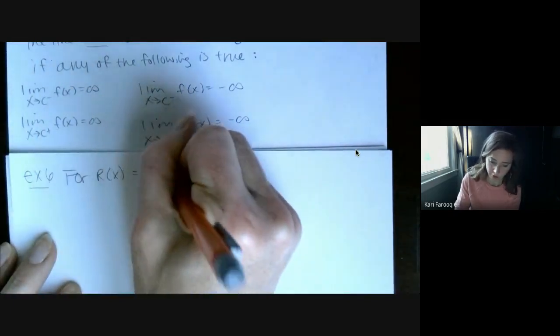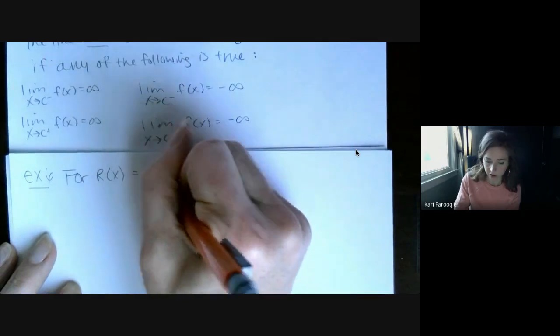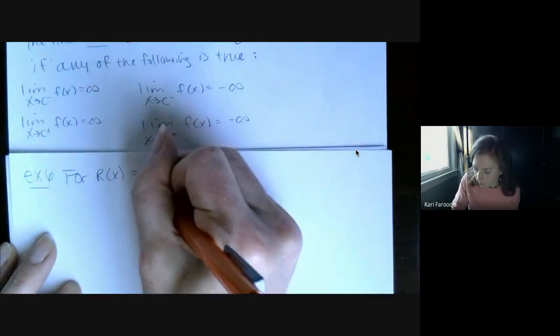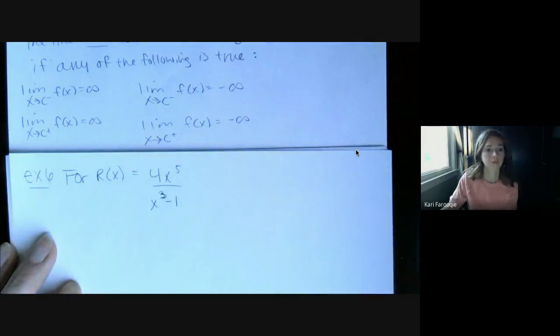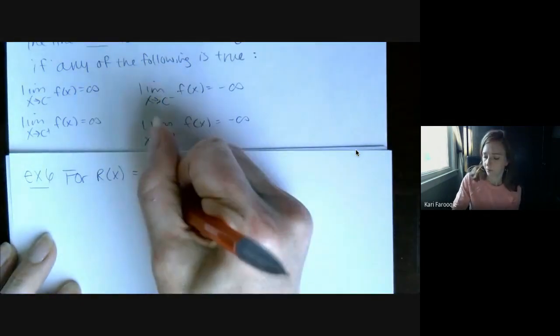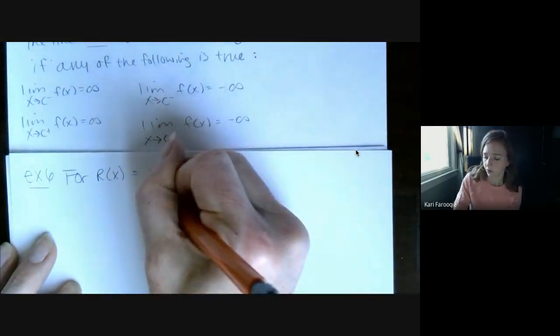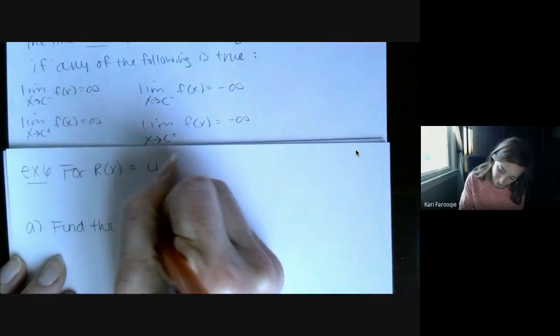Example 6. For r of x equals 4x to the 5th divided by x cubed minus 1. That's a cube. Trying to fix it made it worse. There we go. We're going to do a couple of things.